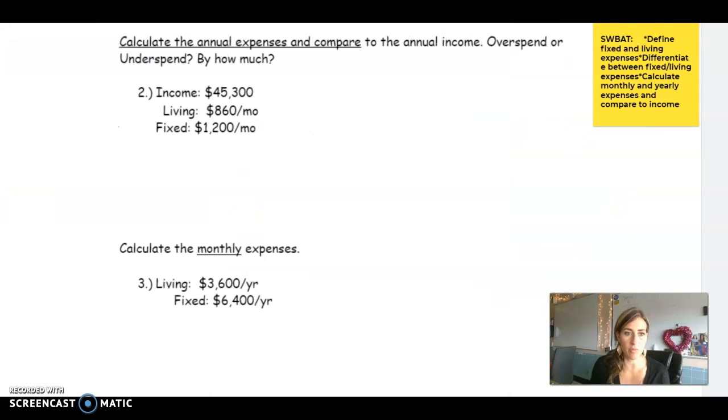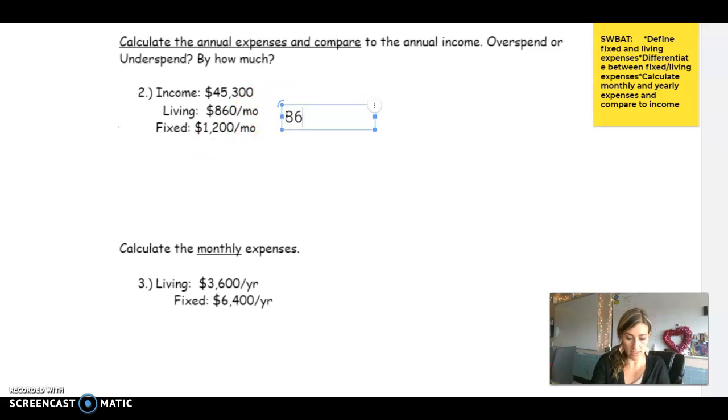All right, so this is similar to the last one, except it's more condensed. Calculate the annual expenses compared to the annual income, overspend or underspend by how much. So the income's $45,300. The living and the fixed, those are the expenses. Income is coming in, the expenses are going out. So let's add those up first.